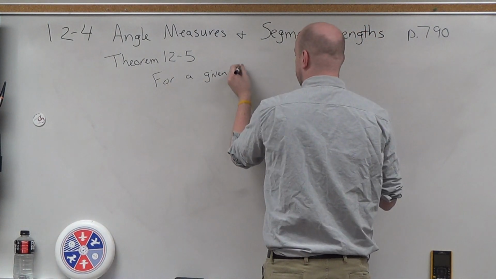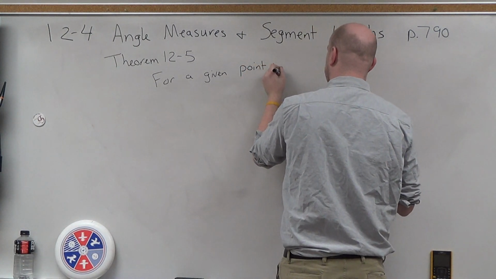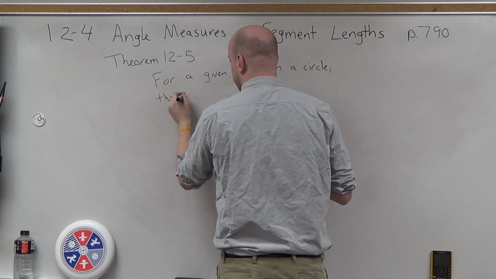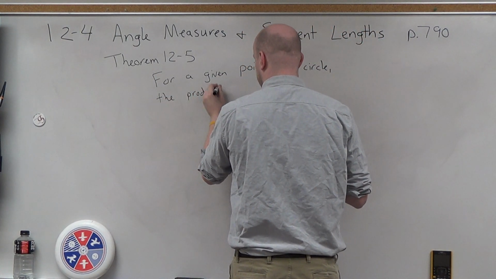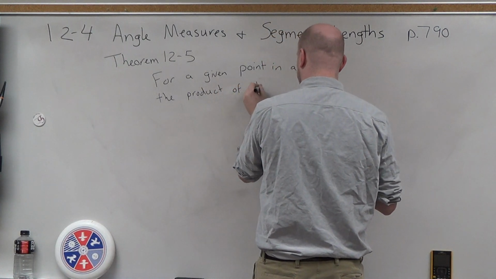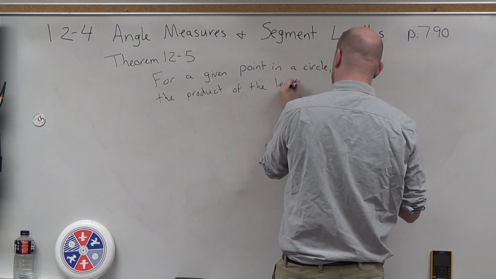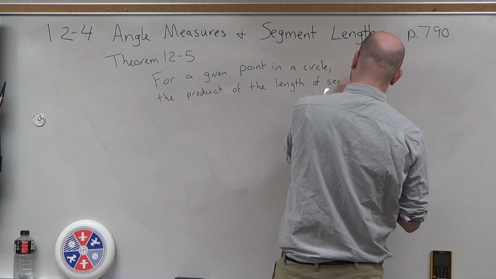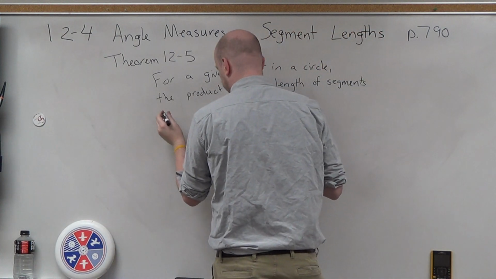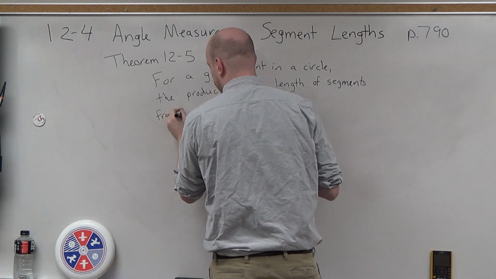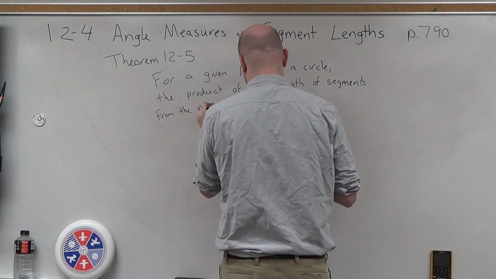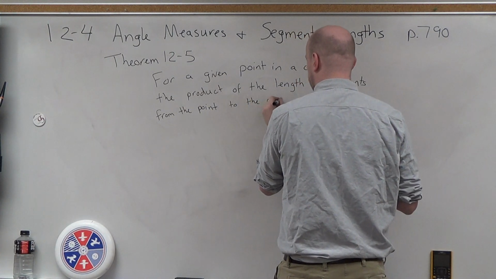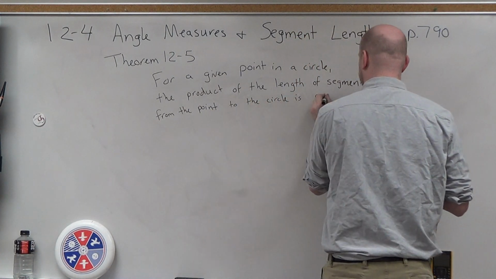For a given point in a circle, the product of the length of segments from the point to the circle is constant.